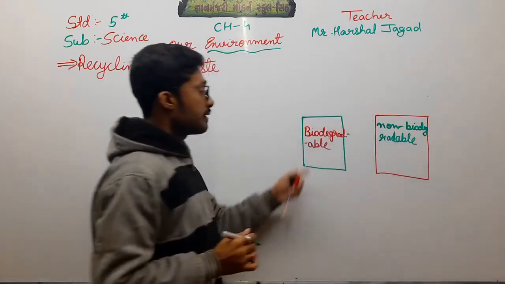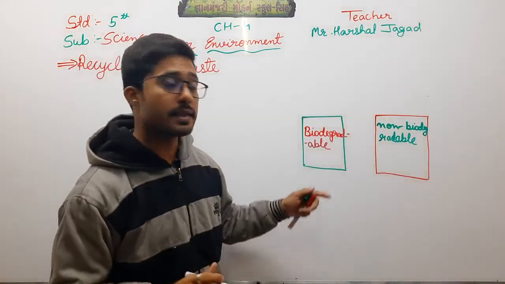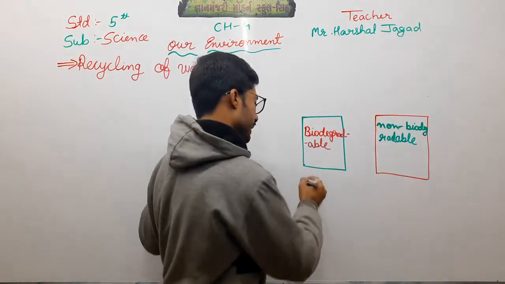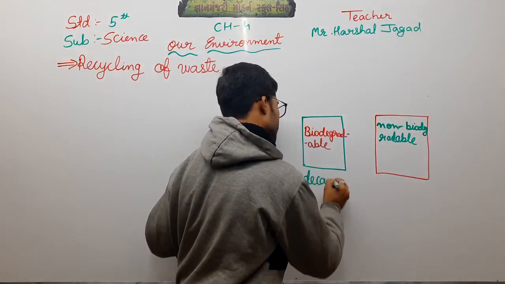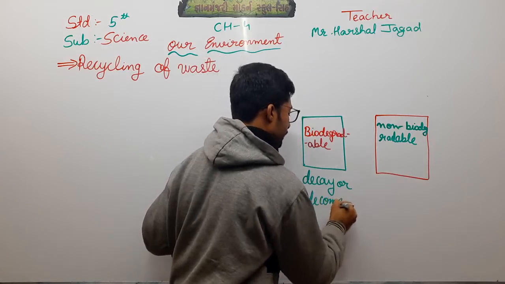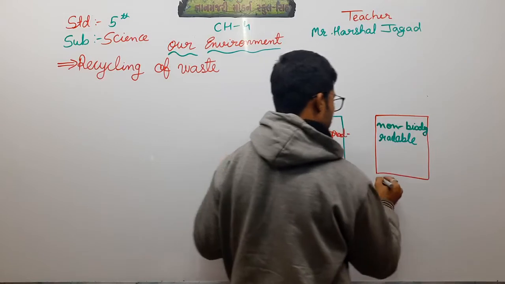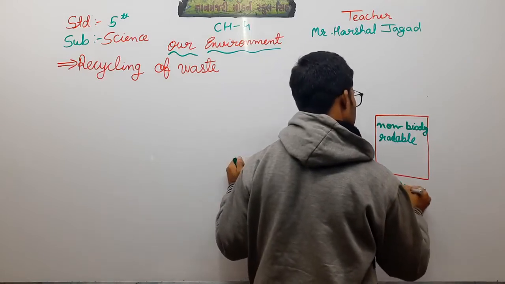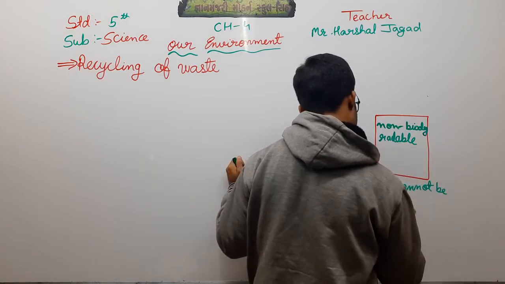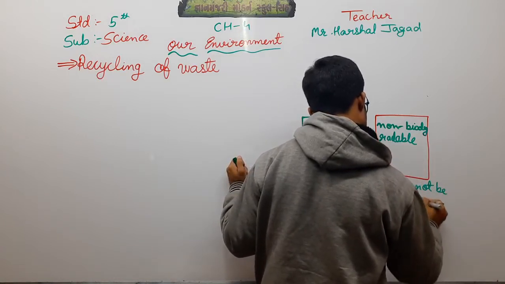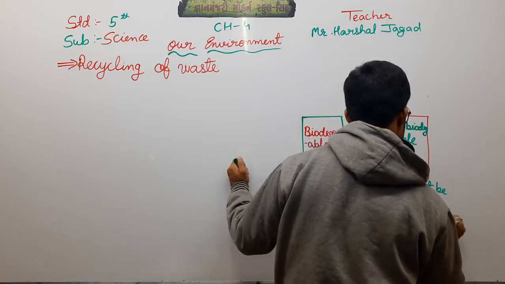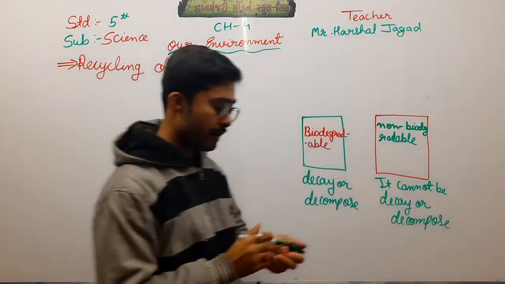Okay, so in this we have to just throw the things which are degradable, which can be decayed or decomposed, and the things which cannot be decayed or decomposed.